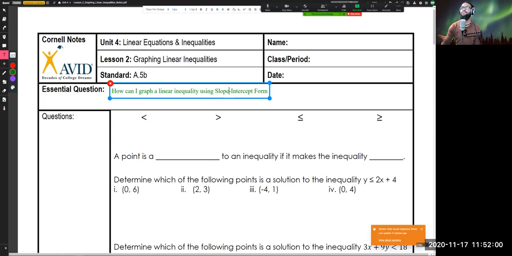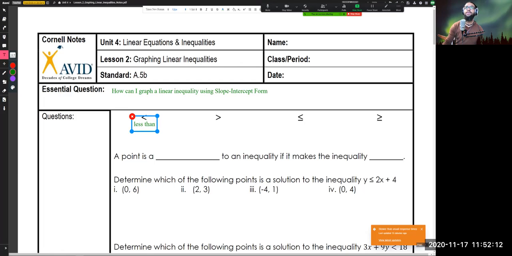I need to check to make sure I share my screen. Forgot and thought I wasn't. So just as a little reminder, this sign here is going to be our less than sign. In case you've forgotten, this one here is going to be greater than. This one here is going to be less than or equal to.